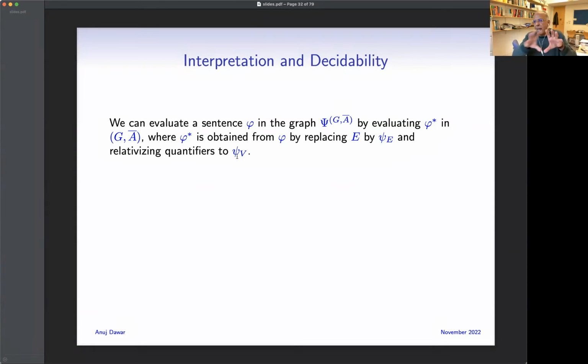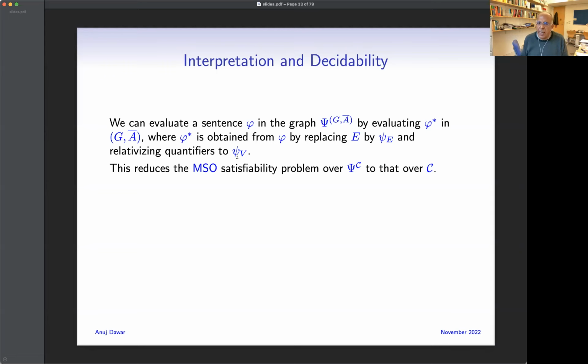So this is standard: if you have an interpretation going from structures to structures, you have a translation of formulas going backwards. So evaluating a sentence in the interpreted class reduces to evaluating a sentence in the original class.